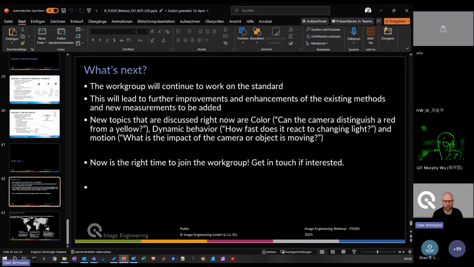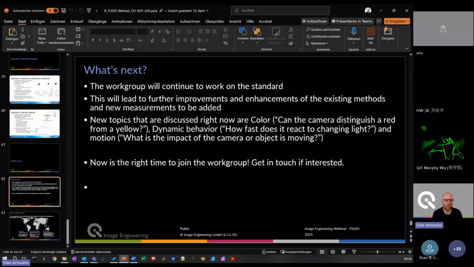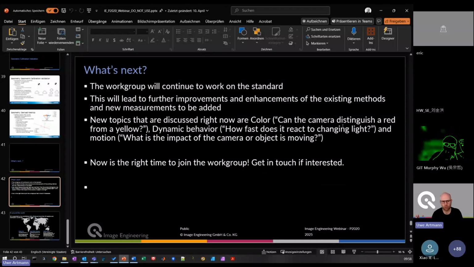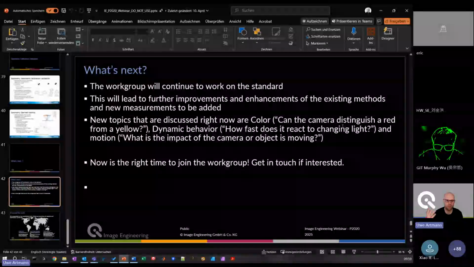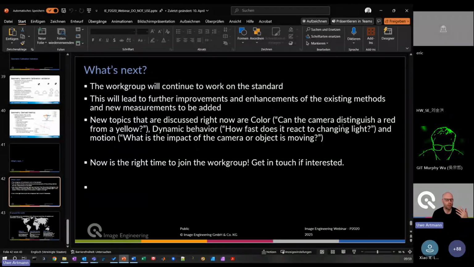There were some experiments, but it wasn't on a level where it was said, okay, we can put that into the standard. That's why in an upcoming version, expected maybe in 2 years from now, and maybe a pre-release in 1 year, we are also going to tackle color.